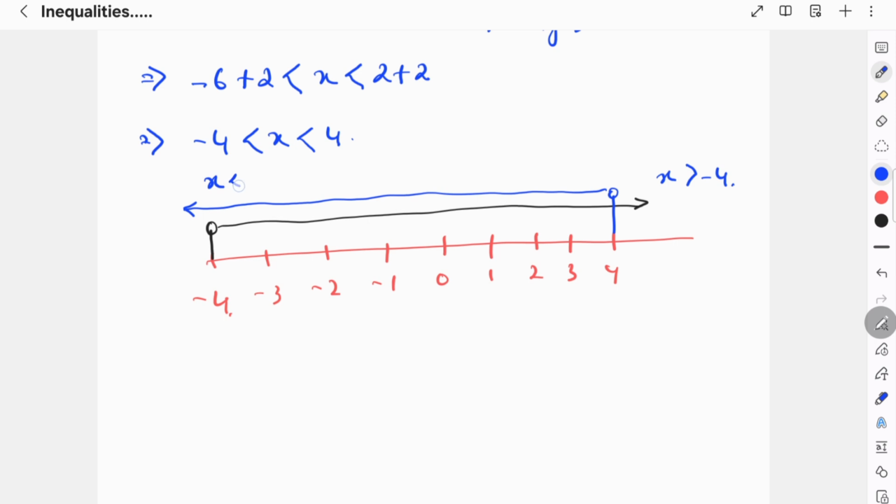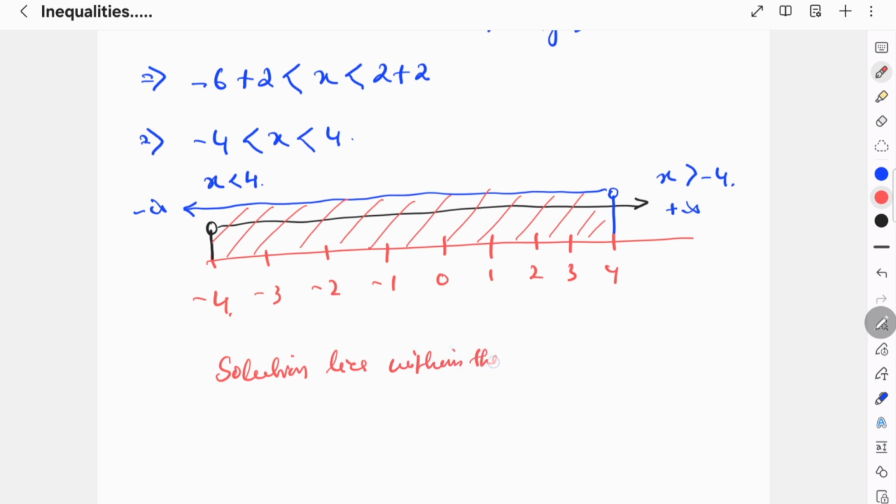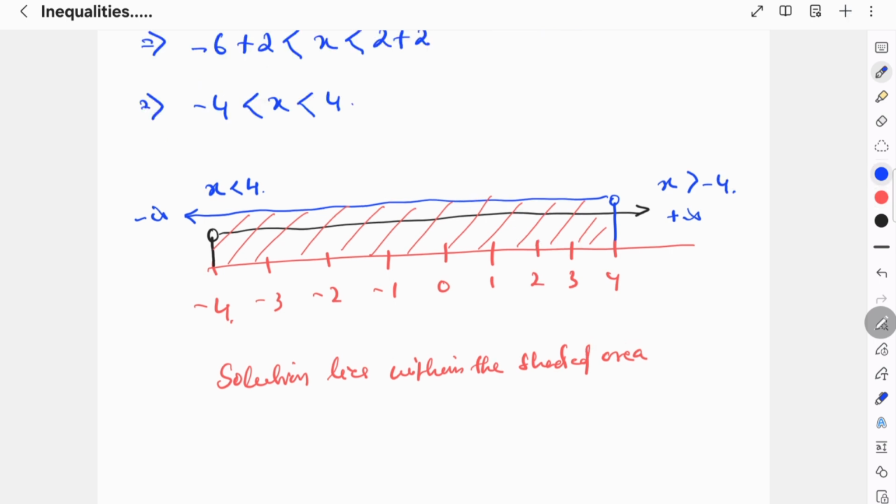And we have x is less than 4. So we have to take all the values which are less than positive 4. So the value of x will lie between the shaded region. And this is our solution for this inequality.